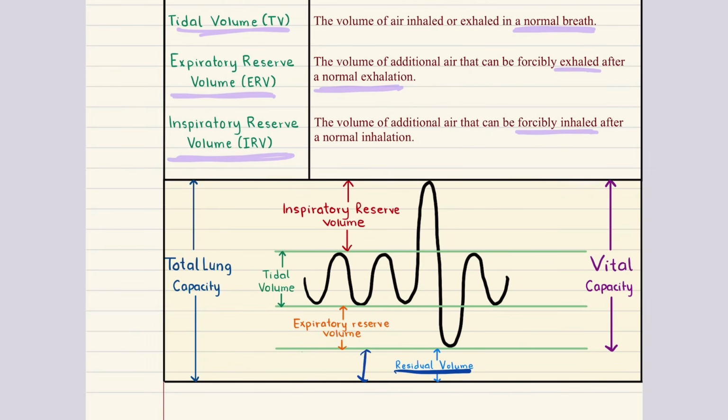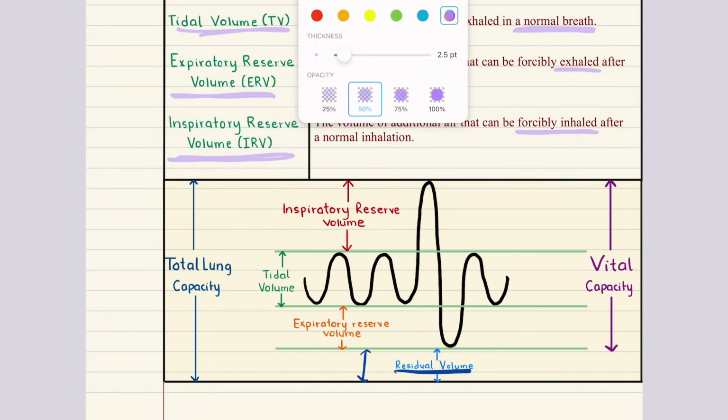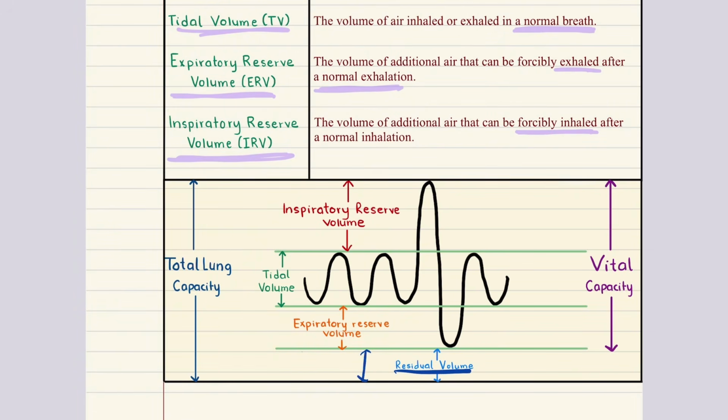This is trapped air that keeps the alveoli from collapsing, and it allows for continuous gas exchange between breaths. And when you stack all of these volumes, tidal, reserves, and residual, you get the total lung capacity. That's the complete volume that your lungs can hold.